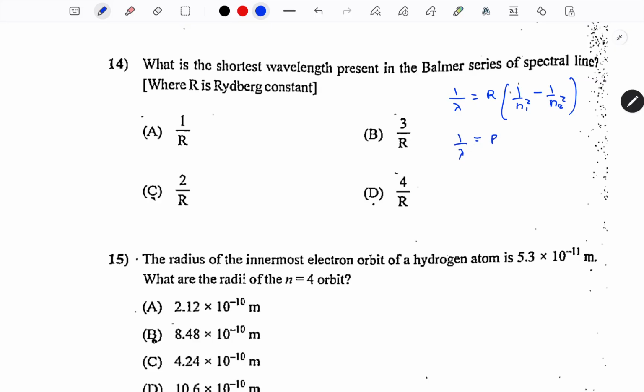Therefore 1 by lambda is equal to R times 1 upon 2 square minus 1 upon n2 square, and shortest wavelength means n2 should go to infinity. Therefore 1 by lambda is equal to R by 4. Therefore lambda is equal to 4 by R, option D.